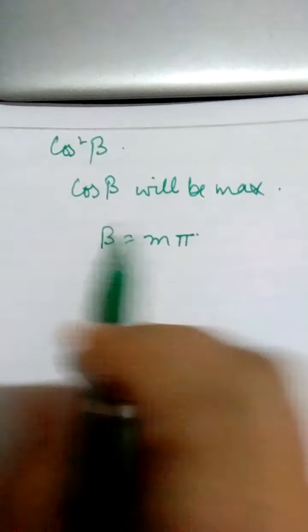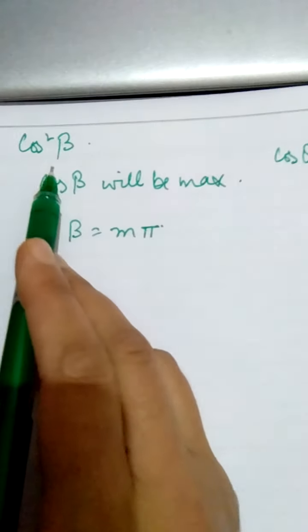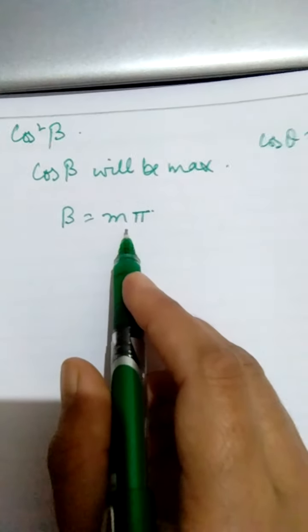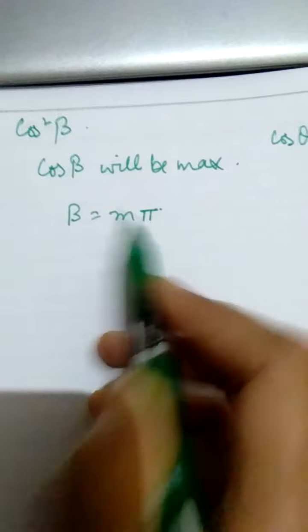See, the values of cos of an angle range from plus minus 1. Basically, we say that the maximum value is plus 1 and the minimum value is minus 1. But because a square term is involved here, we will be taking both the values plus 1 and minus 1 into account, because square will turn both of them into positive, right? So we say that cos beta will be maximum when beta is equal to m pi.